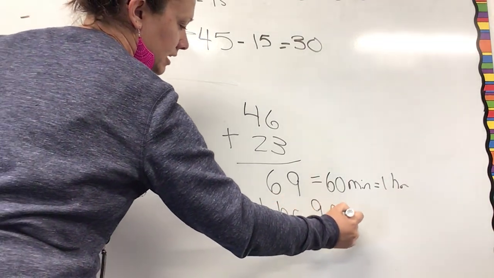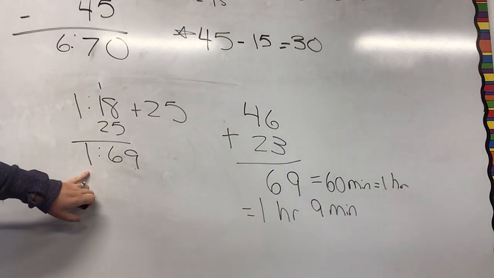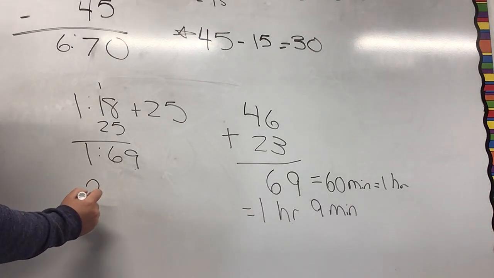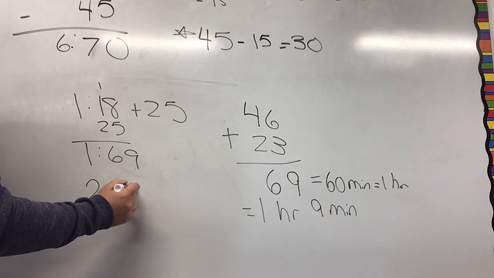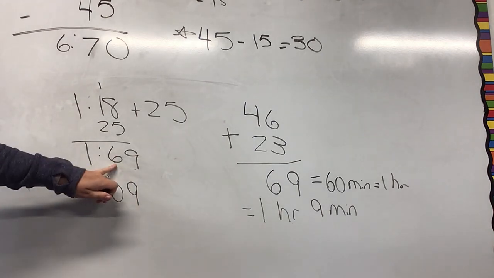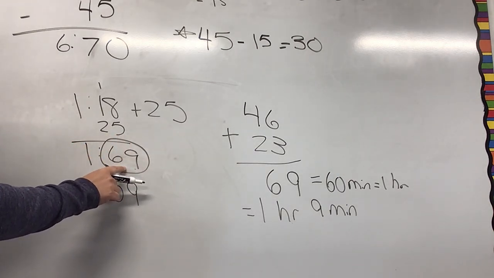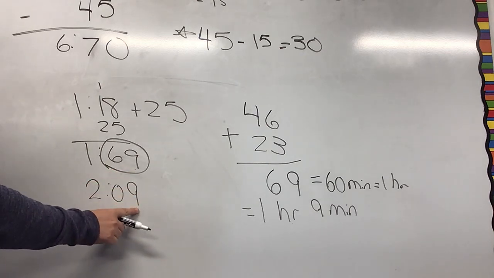So instead of 1:69, what time is it now? 2:09. If I take 60 of those minutes, that is 1 hour. So I can add my hour, but I have 9 minutes left.